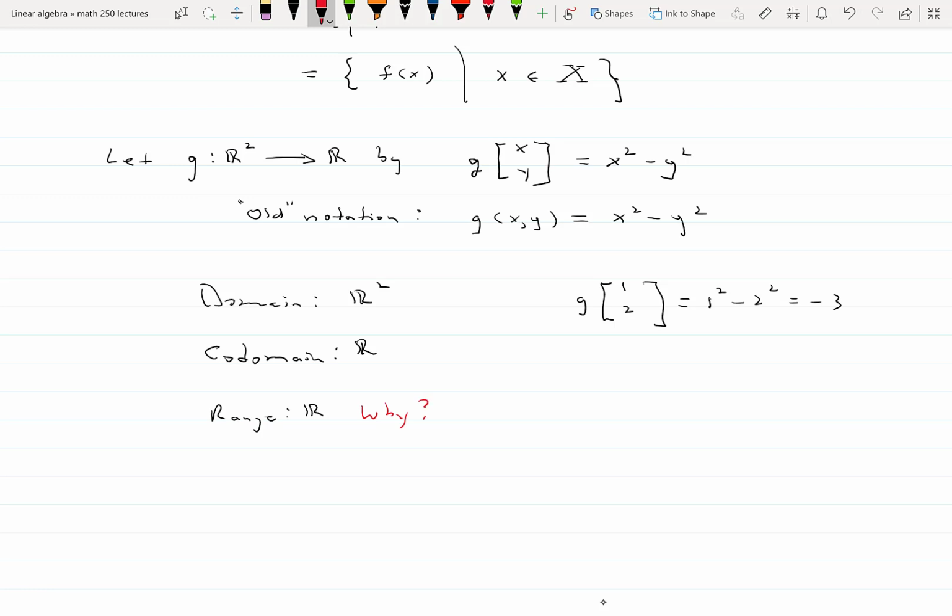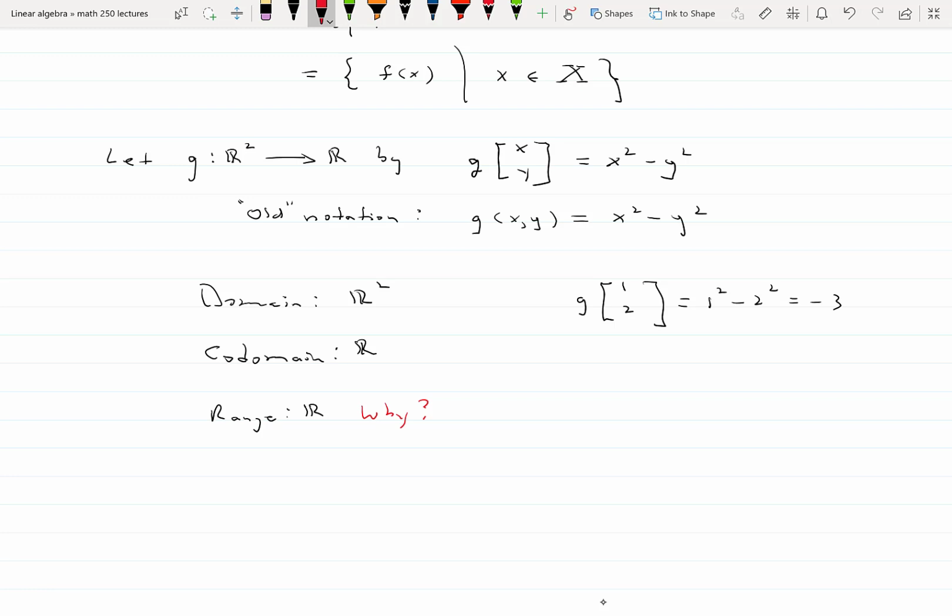But it'll enhance your thinking and get you more used to thinking about transformations. If I were to graph g of x, y equals x squared minus y squared, that's basically what I'm asking you. What does it look like? Your hint is that it's a quadric surface.